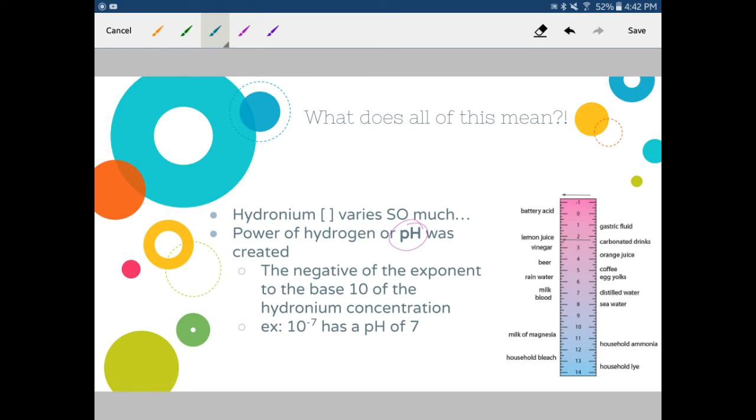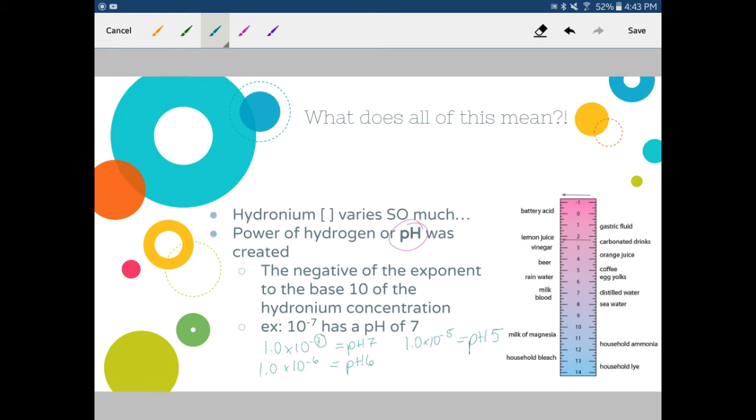So if we have 1.0 times 10 to the negative 7, this is a pH of 7. If we have 1.0 times 10 to the negative 6, we have a pH of 6. I can continue. 1.0 times 10 to the negative 5, I have a pH of 5.